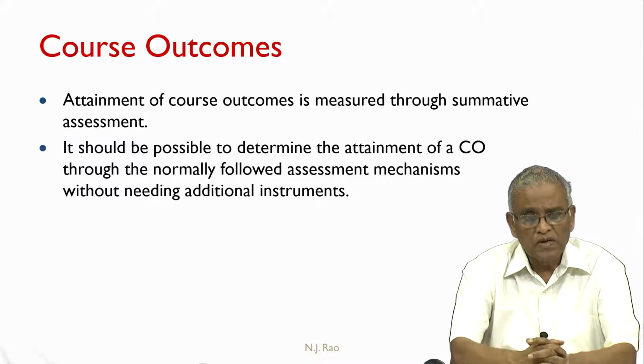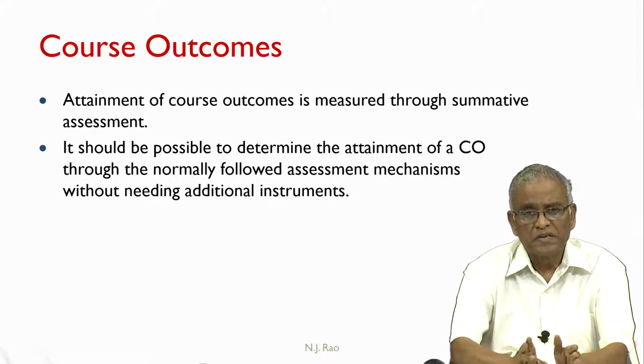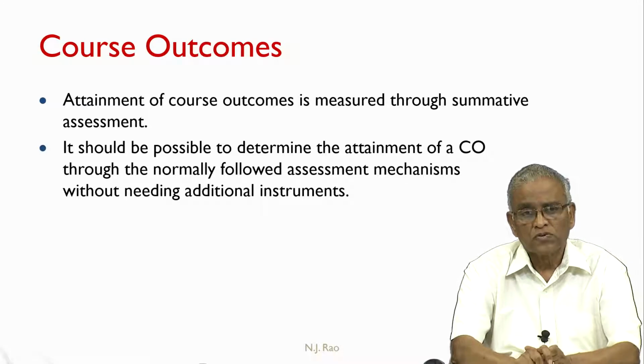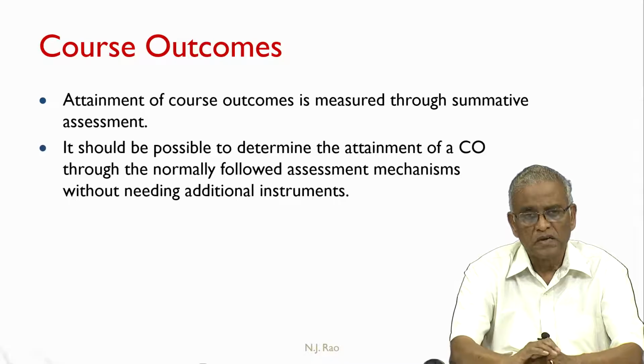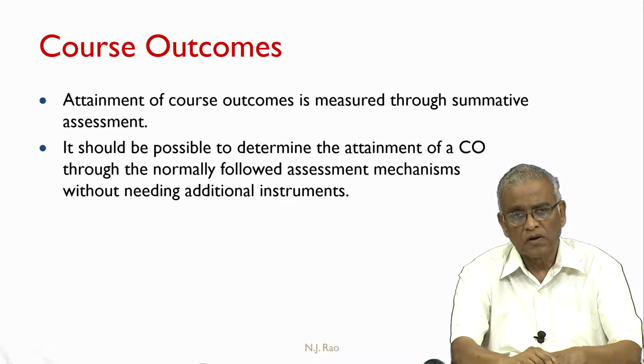So what we say is, it should be possible to determine the attainment of a CO through the normally followed assessment mechanisms without needing additional instruments. Through the mechanisms that are presently operative, we should be able to measure the outcomes of the course.